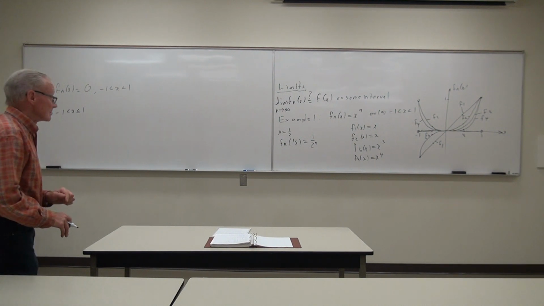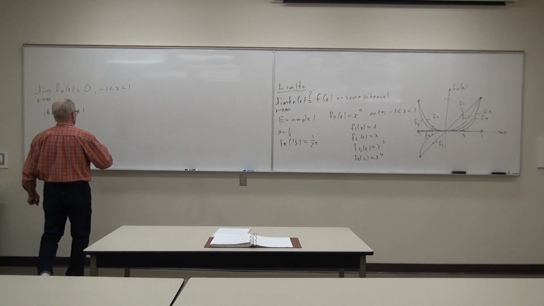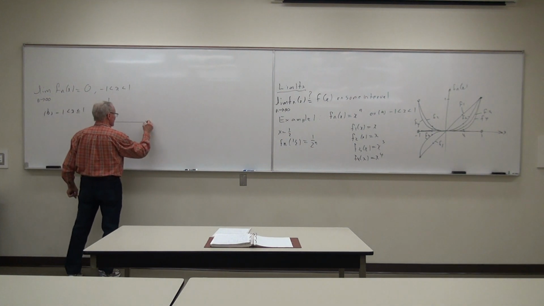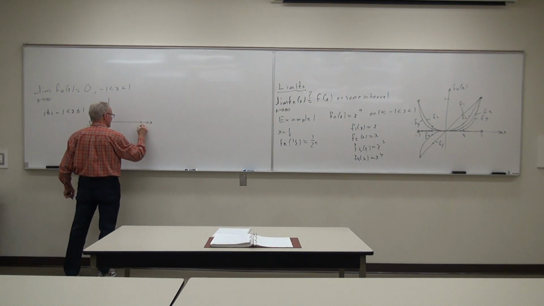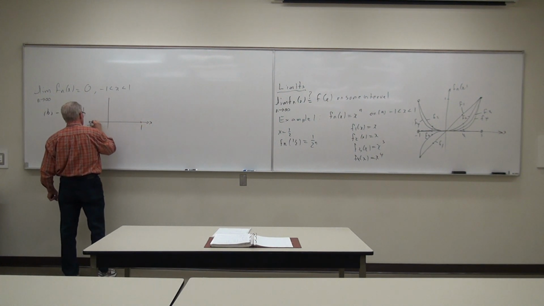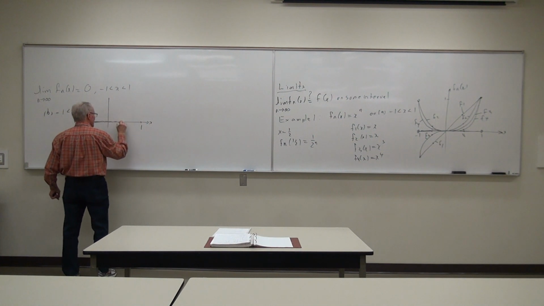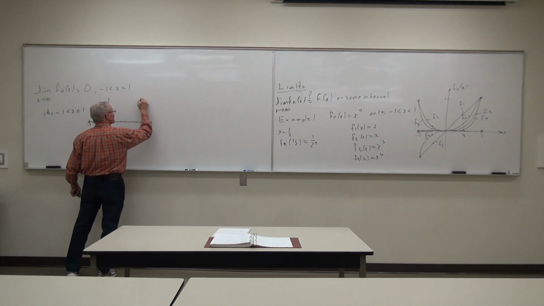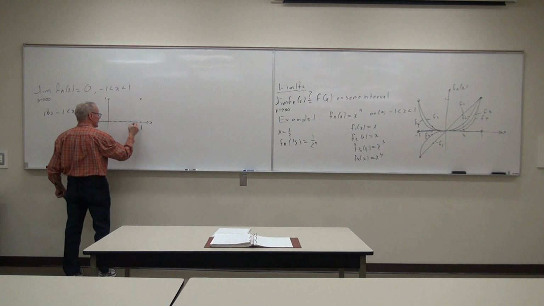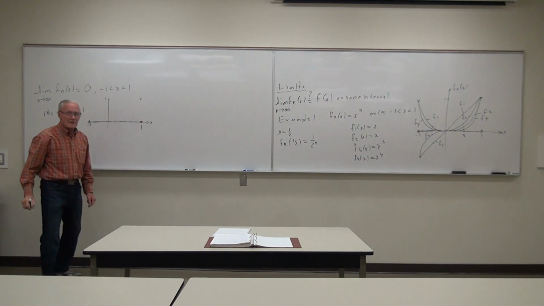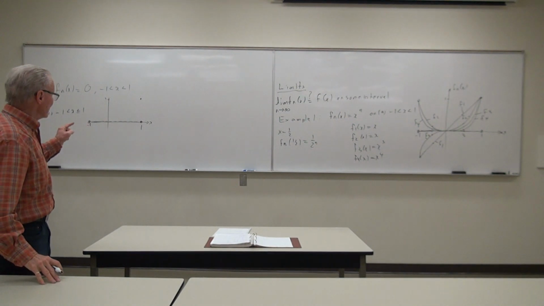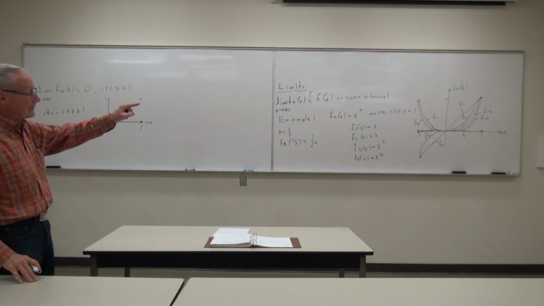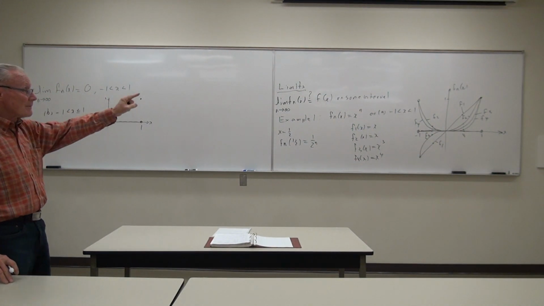And the answer is yes. The limit function now is: hole here, cross here, dot there, 1 high, hole there. That's the limit function. So it does have a limit function, but this time it's not continuous. That was continuous.